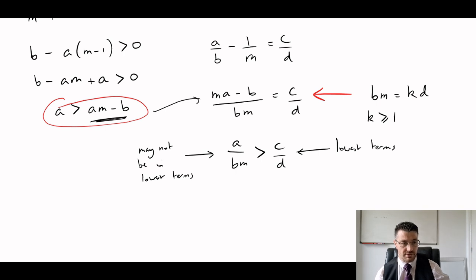Okay, so that means that I can replace the BM here with KD. So I get A over KD is greater than C over D.